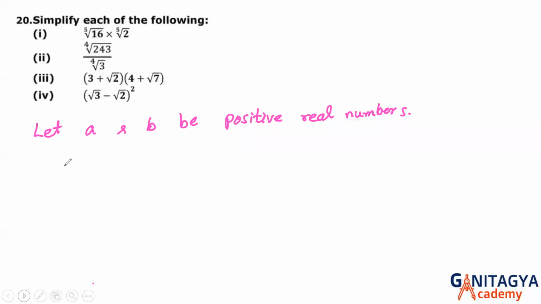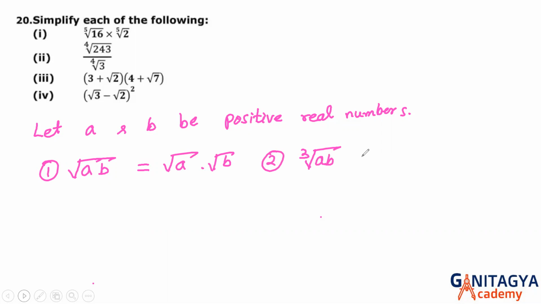Write it down. Then first of all, write under root A into under root B. That is valid for every power. So if it is cube root, that also I can write: cube root of A into cube root of B.